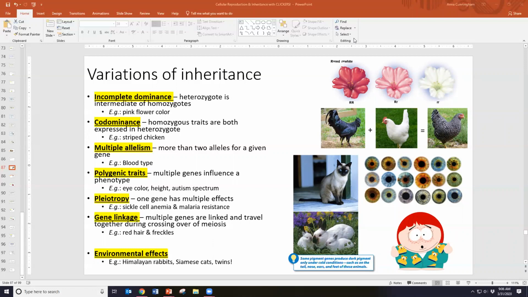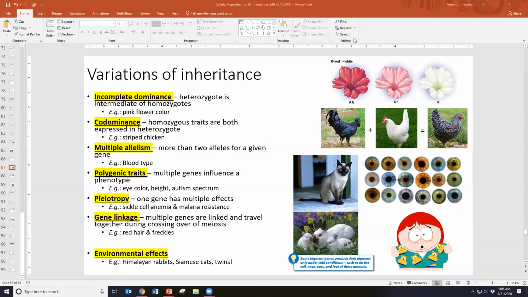We will expand on environmental effects on genetic expression patterns in the next lecture when we talk about epigenetics and some other really cool things that can happen because of the environment. So we talked about all those variations. I want to expand on a couple more variations today.